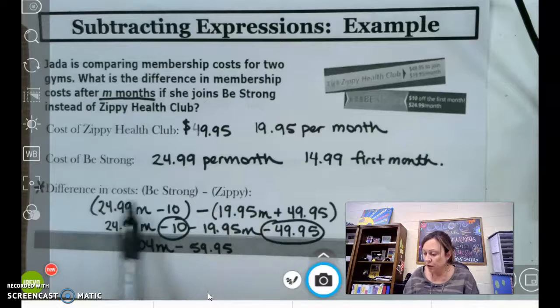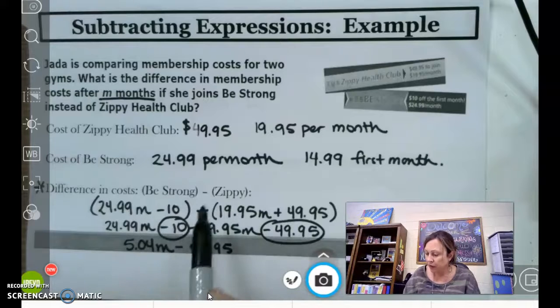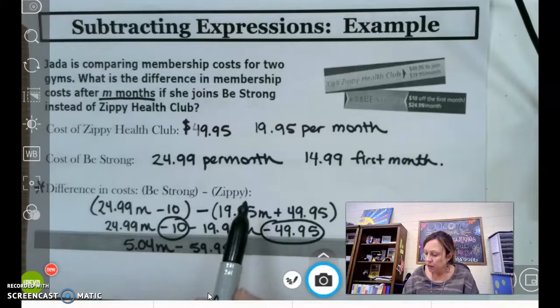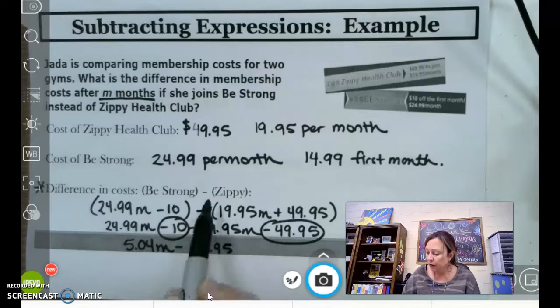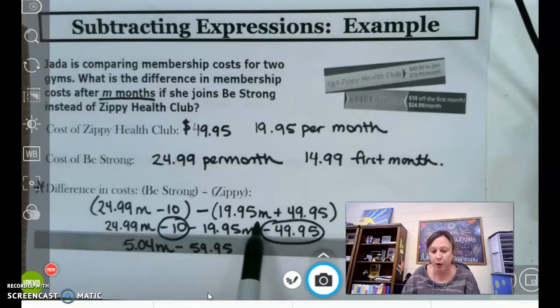So the difference in cost between Be Strong and Zippy. So Be Strong was $24.99 per month, and then you were saving $10 on that first month, so that would be a minus 10. You're finding the difference, so subtraction, and then here's our cost for our Zippy Health Club, $19.95 per month plus $49.95 initial fee.